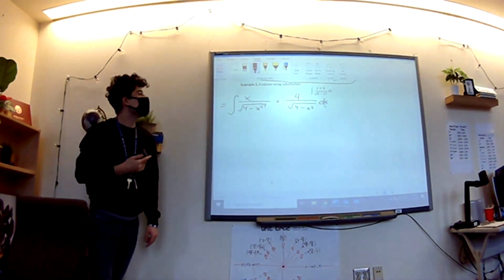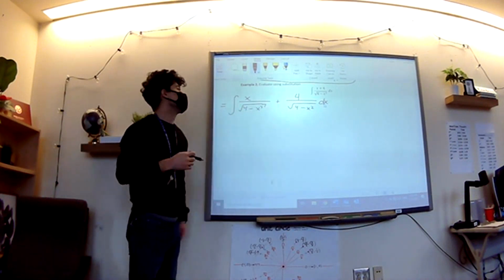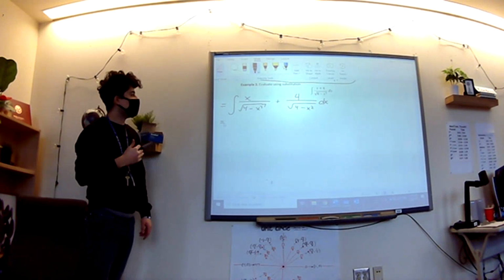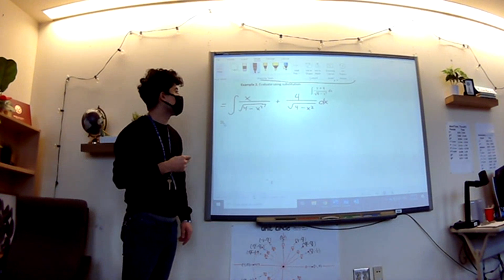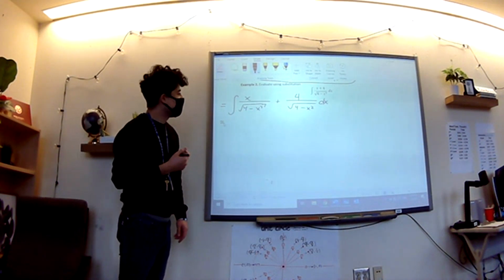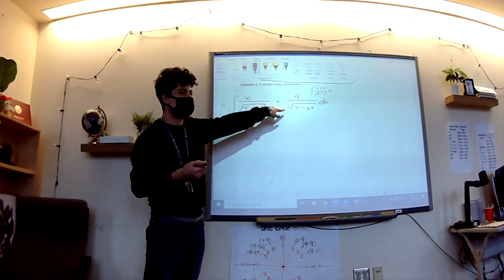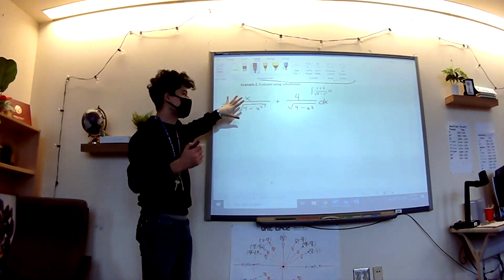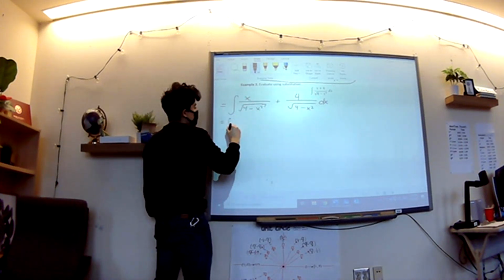And then that kind of is the hard part, because both of those you can handle yourself. In this case it might be helpful to write it as 2 separate integrals. Remember, if you have function plus function inside of an integral, that's just the same thing as integral of this plus integral of that. So it might be helpful to see it like that.